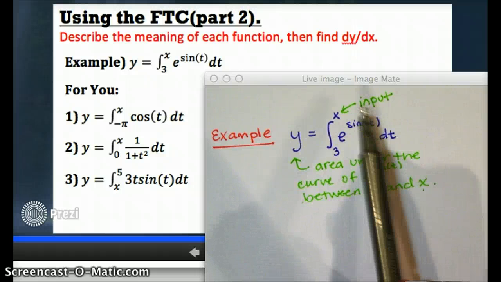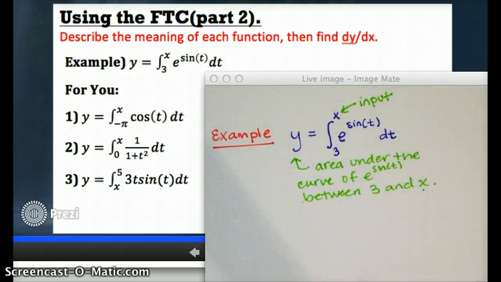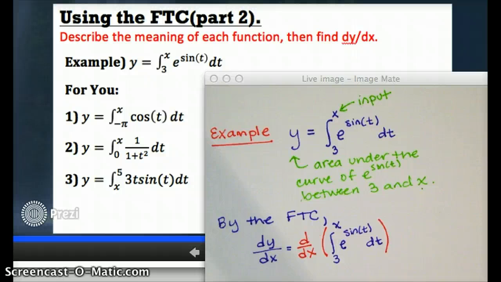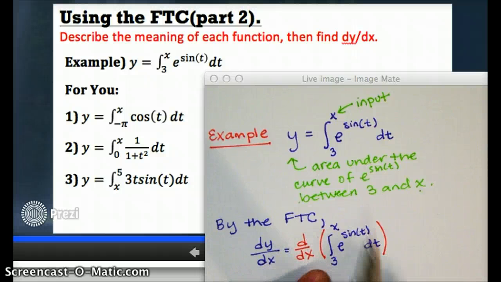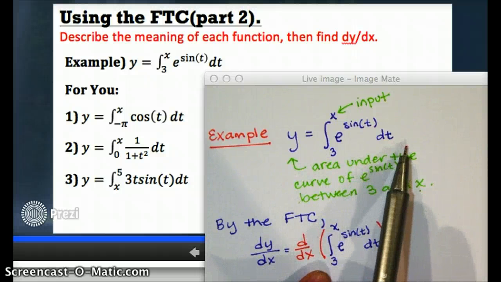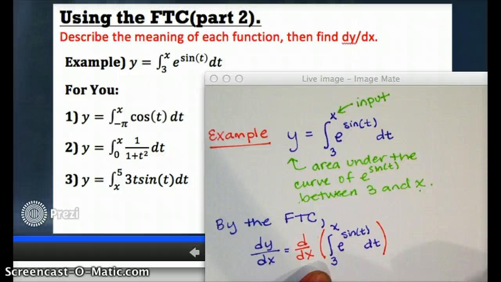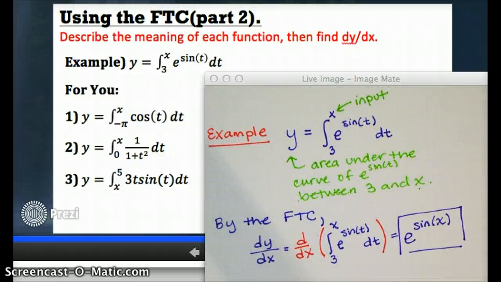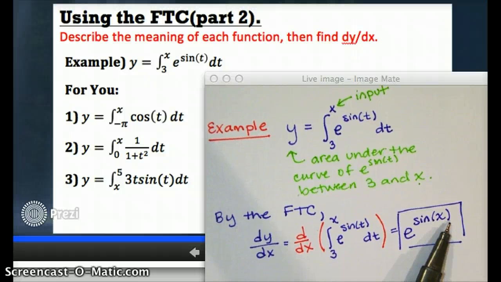Great. Now that you understand what this function is saying, let's find its derivative. By the fundamental theorem of calculus, dy dx, which just means take the derivative of this integral function, has to equal simply e to the sine of x. Now, practically speaking, what did I do?